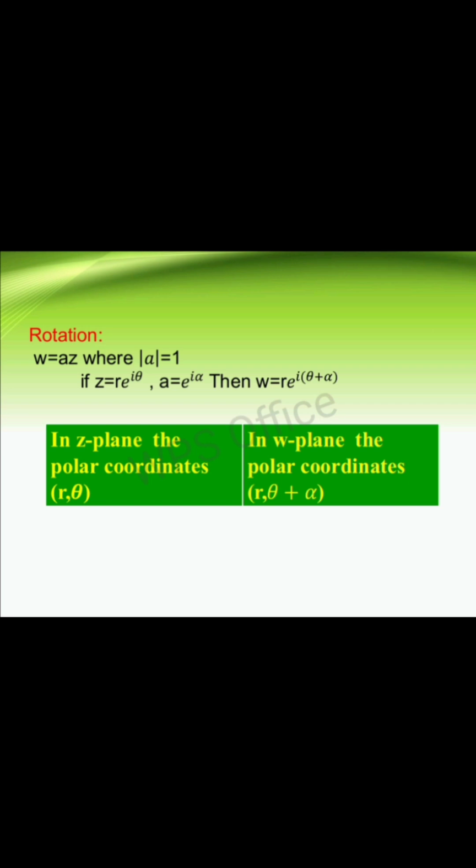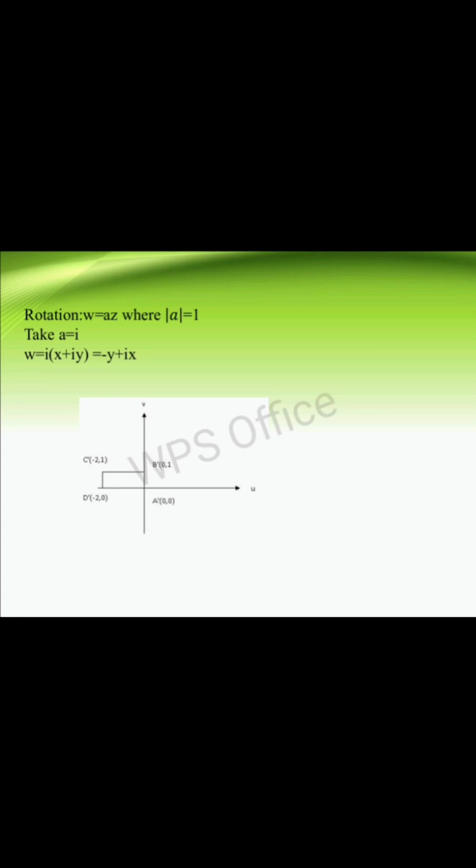After the simplification, the w value is r into e power i of alpha plus theta. So we get the coordinates r comma theta in the Z plane mapped into the coordinates r comma theta plus alpha in the W plane. Under this transformation, the image is a rotation through the angle alpha, the argument of a, about the origin.